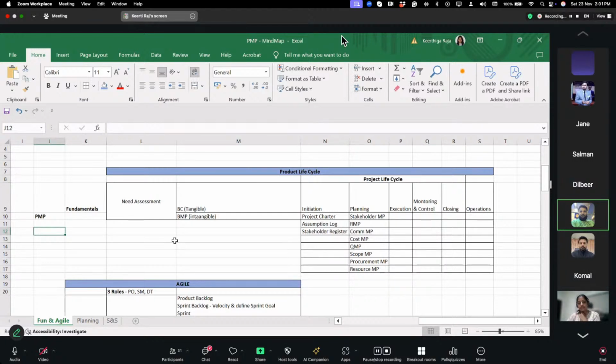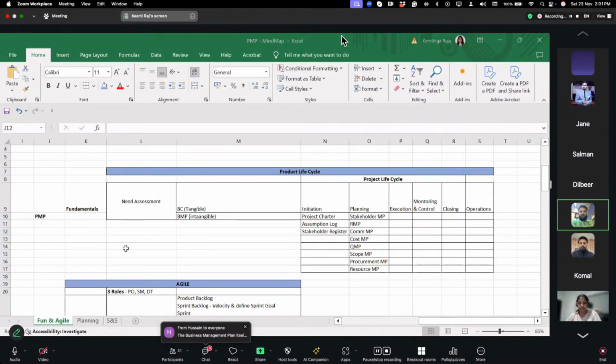Planning has all the management plans, including the project management plan itself, which has the stakeholder management plan, risk management plan, communication management plan, cost management plan, quality management plan, scope management plan, procurement management plan, and the resource management plan.